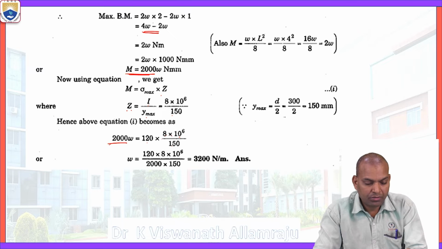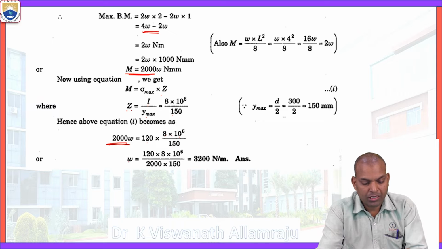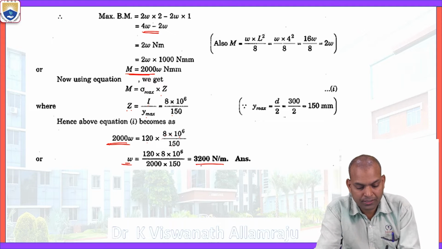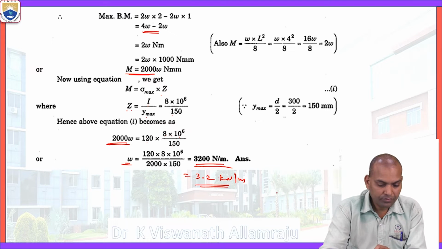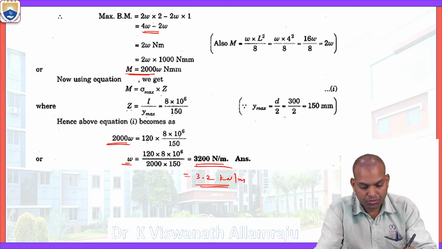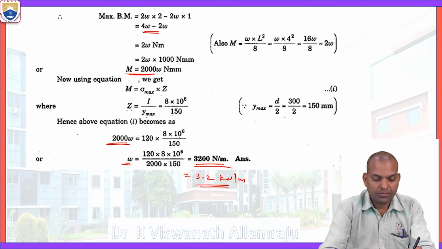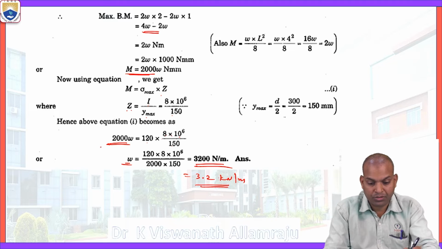So the bending moment is 2000 times small w, the uniformly distributed load, which is observed as 3.2 kilonewton per meter. After simplification of 120 into 8 into 10 power 6, the value is converted into Newton per millimeter.